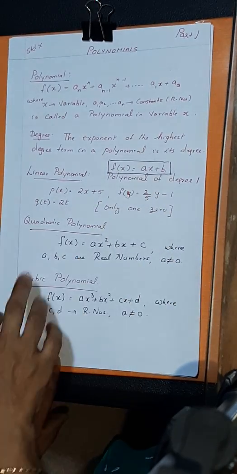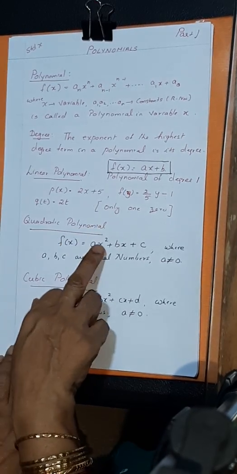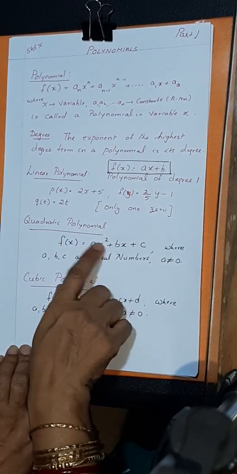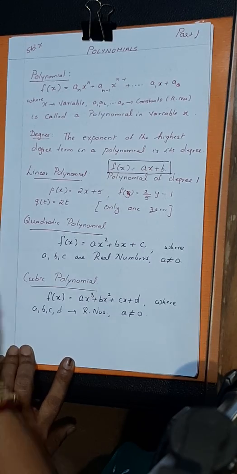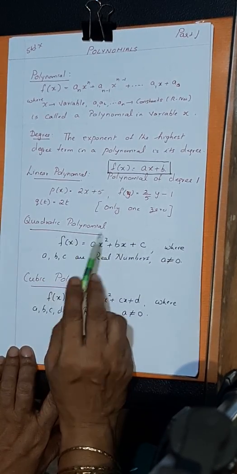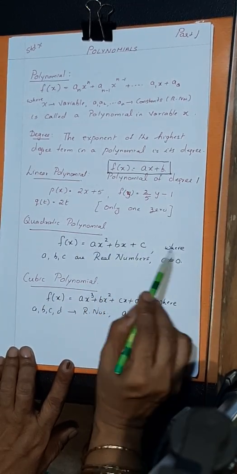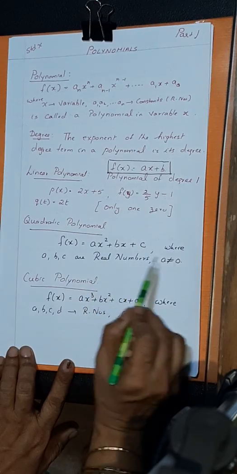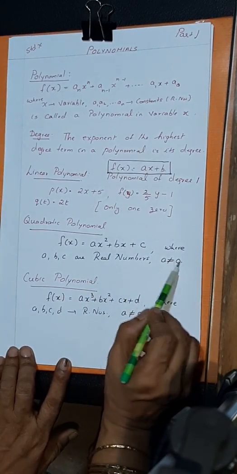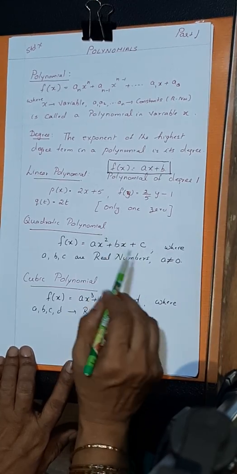A quadratic polynomial is one where the degree of the polynomial is 2. The general format of a quadratic polynomial is f(x) is equal to ax squared plus bx plus c, where a, b, c are real numbers and a should not be equal to 0, because if a becomes 0, then you will get bx plus c, and it becomes a linear polynomial.